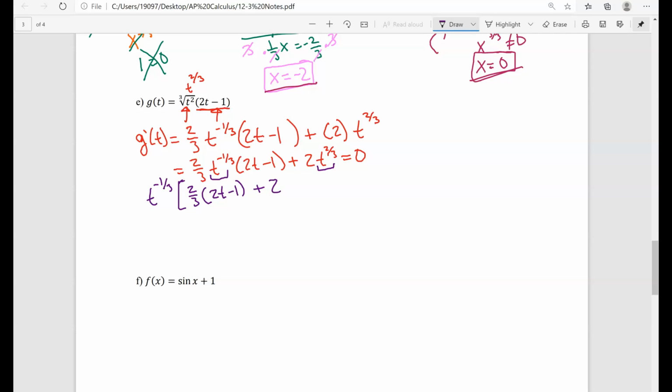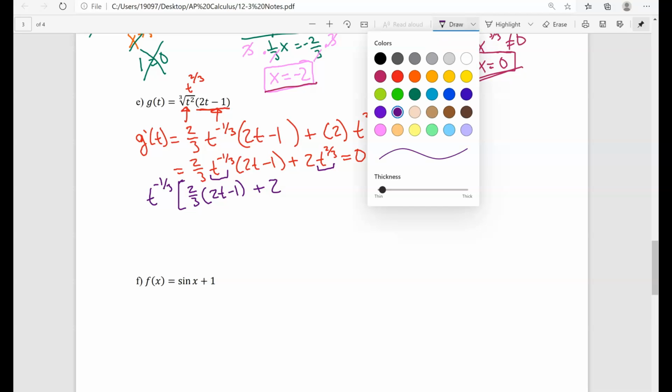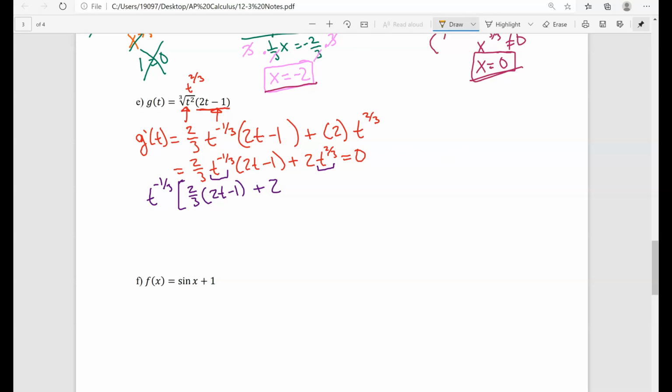Since I pulled out that t to the -1/3, I have nothing in the first one. Here I'm going to divide out a t to the -1/3. So I'm subtracting these two exponents: 2/3 minus -1/3, and you're just going to get a 1. So I'm left with just t, 1t. Setting it equal to 0.